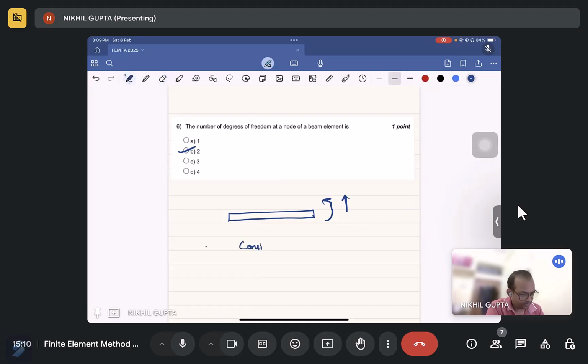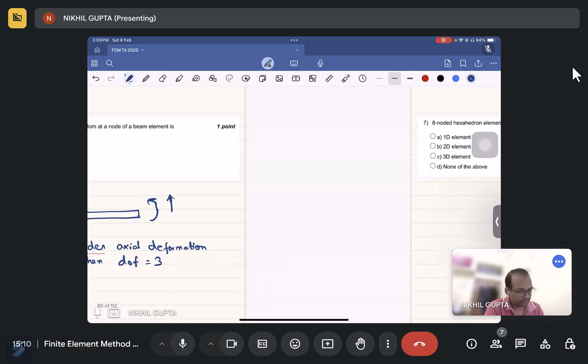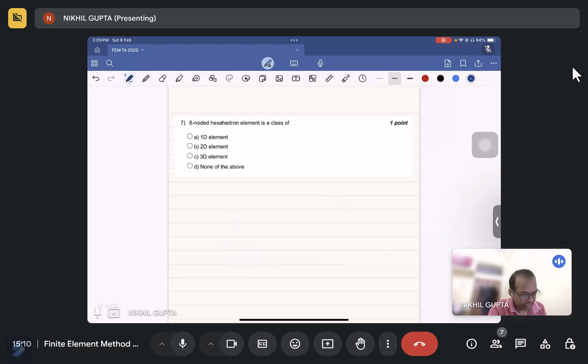If we consider axial deformation also, then the degrees of freedom is 3. So this is the beam element, and we know the answer.